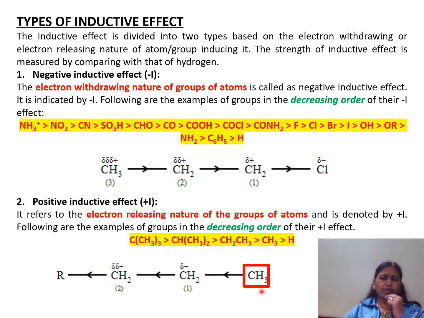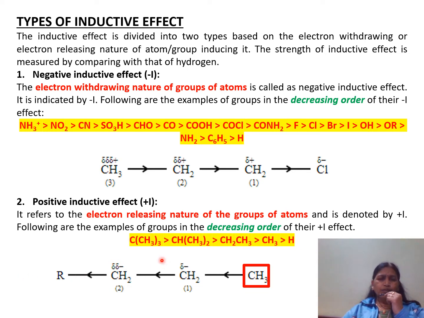As a substituent, it releases electrons. It is donating electrons, so it is losing electrons, and this carbon acquires a partial negative charge. In turn, it will drag electrons towards the second carbon. This will also acquire a partial negative charge, but a lesser one, and will continue through the chain.